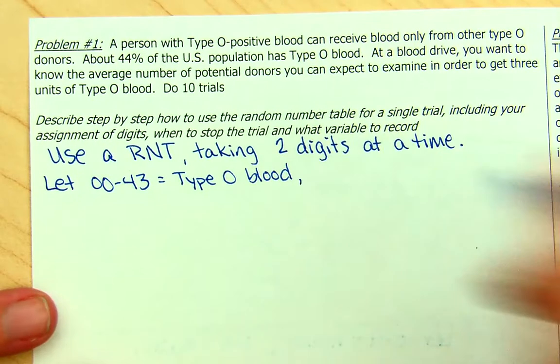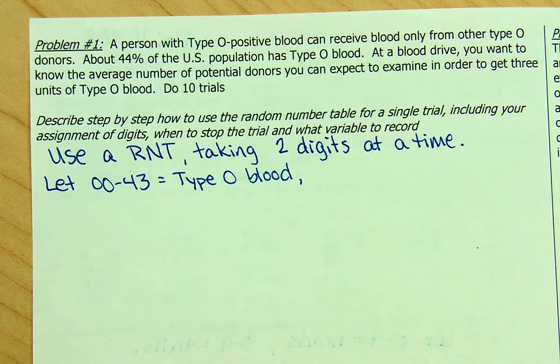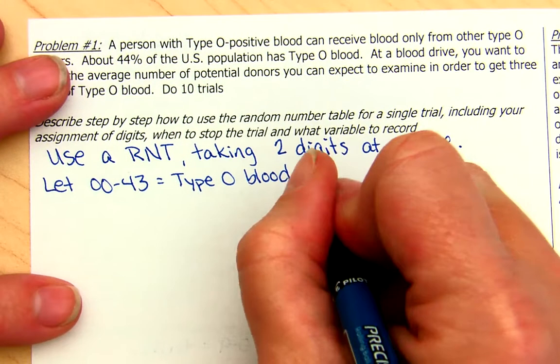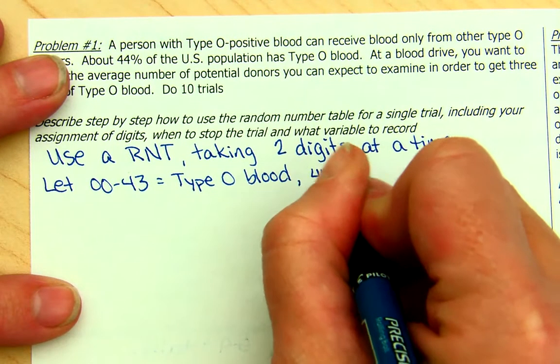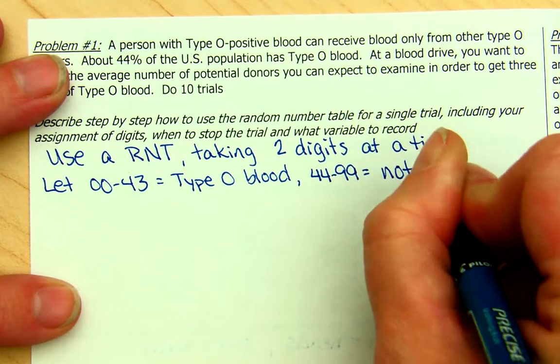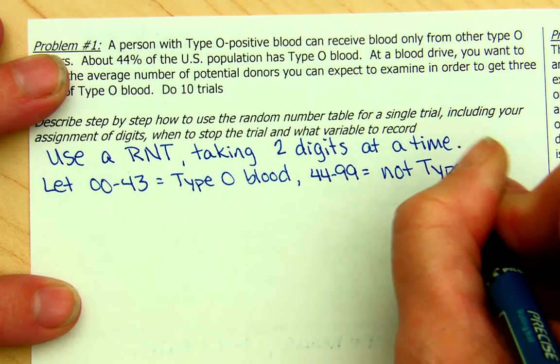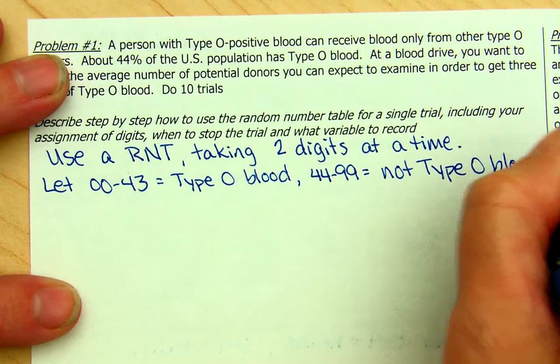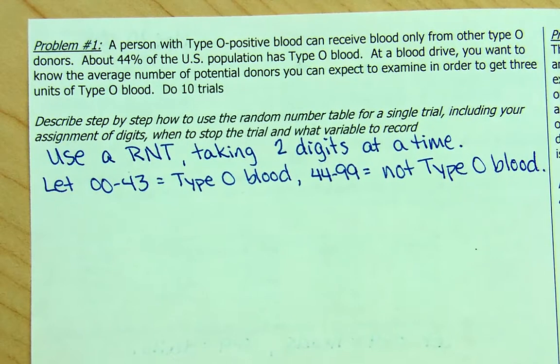And we're not really concerned about what blood type the others are, it's just they're not type O. So we're going to let all of the other numbers, 44 through 99, be not type O blood. We're just looking for, are they type O or are they not?